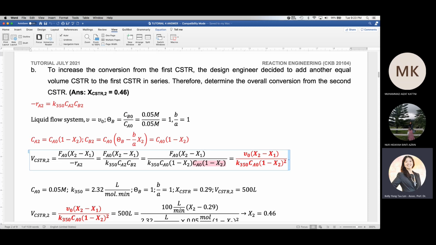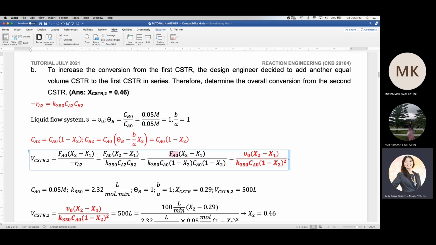Okay, dalam case ni, original equation ada FA0 dan CA0 di bawah. Tapi kalau kamu ingat, dalam soalan ni, kita tak diberi FA0. Kita diberi V0, inlet volumetric flow rate. Okay, so apa yang kita buat?